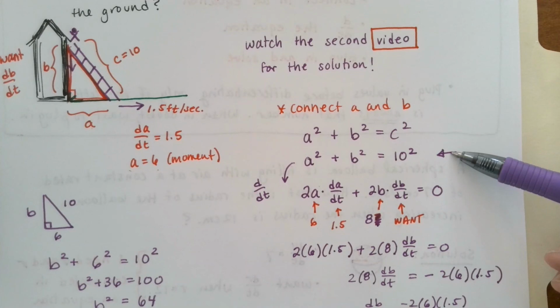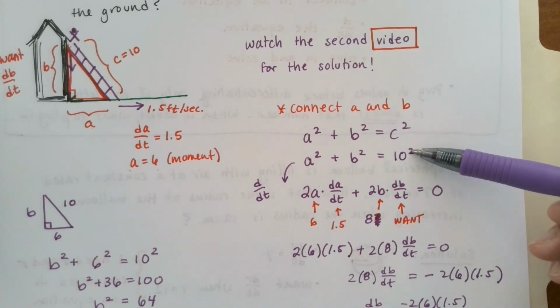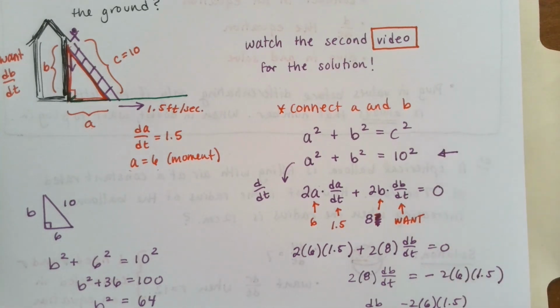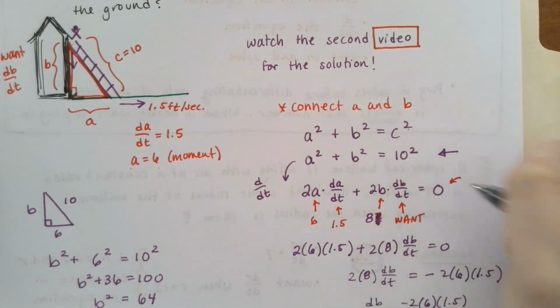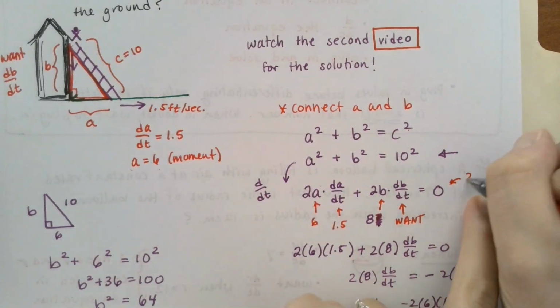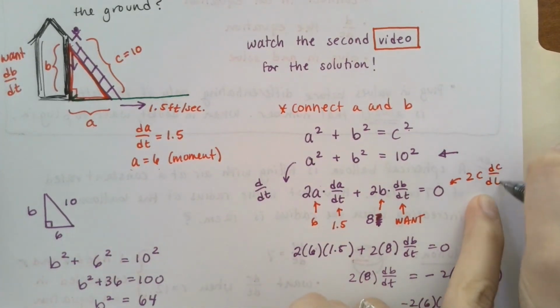All right, so with our last minute here, let's come back to the arrow, right? We said let's come back here and say, well, if I didn't plug in 10, would I have screwed up? And the answer is no, but at some point you have to decide that that ladder isn't changing size. So if you had c squared in this step right here, instead of 0, you would have 2c dc dt.